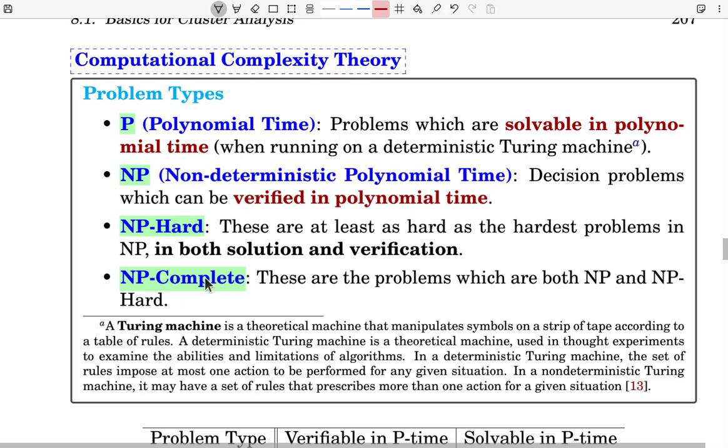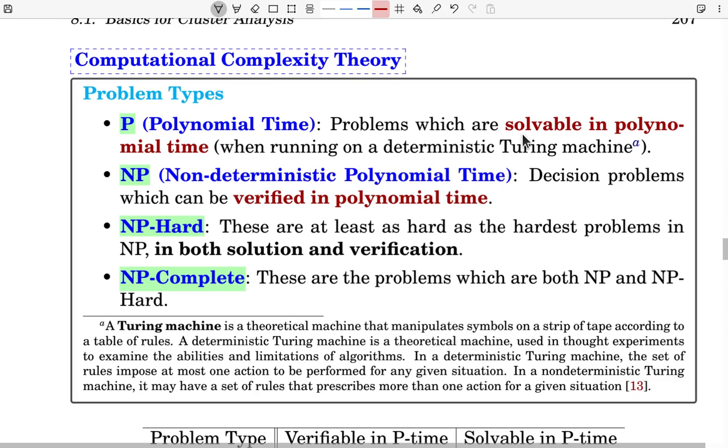English mathematician Turing suggested that, so it is called the Turing machine. In a deterministic Turing machine, the set of rules impose at most one action to be performed for any given situation. In a non-deterministic Turing machine, you may have a set of rules that describe more than one action for a given situation. So you may ignore this portion anyway.